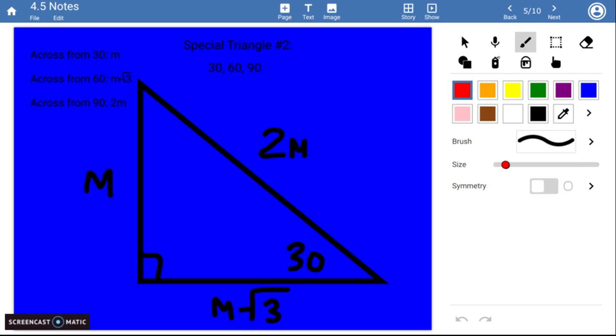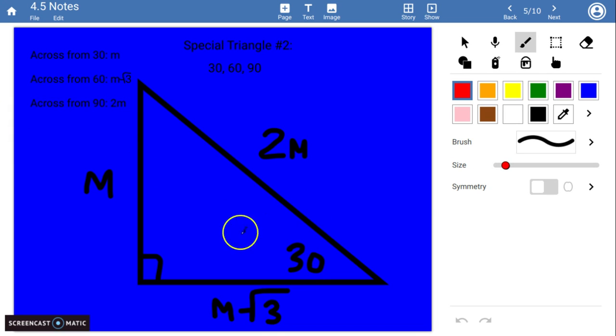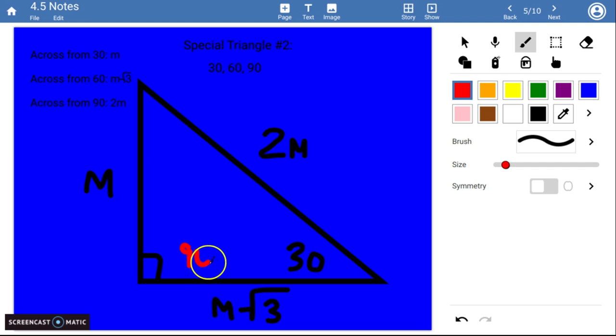The second kind is a 30, 60, 90 triangle. This one's a little bit different, but if you know that one is 30, then the other ones are 60 and 90. 90 is the one that has the square once again, and 60 is the other one, an acute angle.